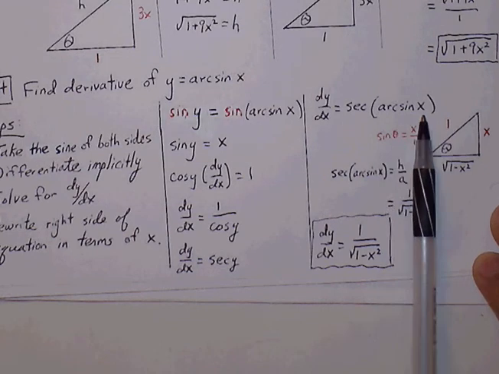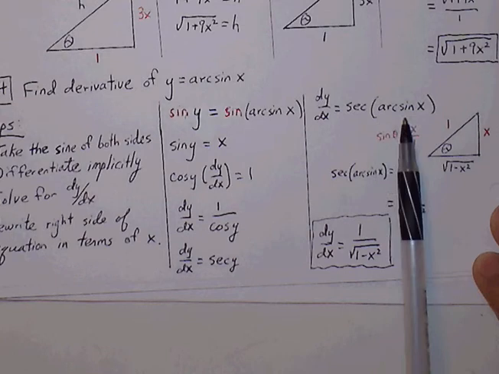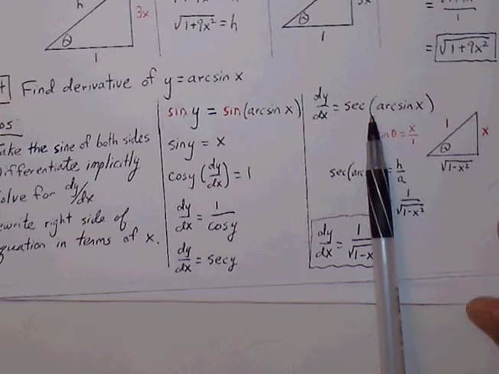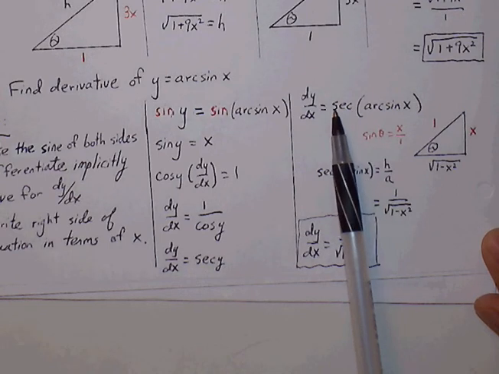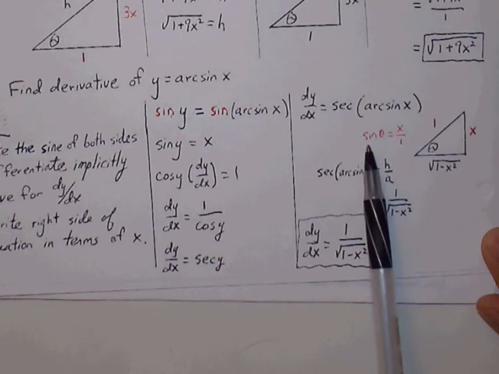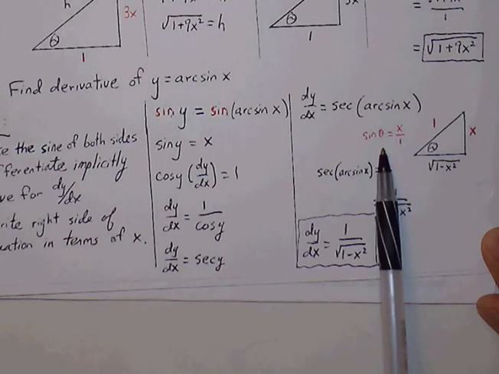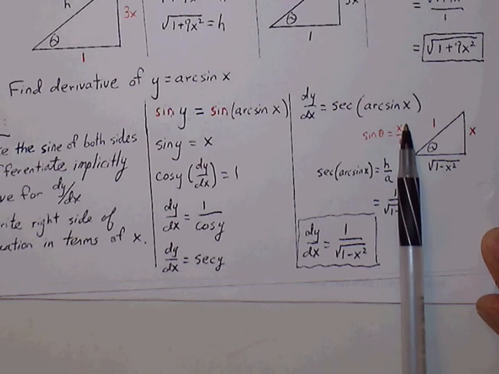So now we can just use what we did with examples 1, 2, and 3 and figure out the value. Basically, we're trying to find the secant of the angle whose sine is x. Okay. So this tells us that sine of theta is equal to x over 1. So x over 1 is opposite over hypotenuse.